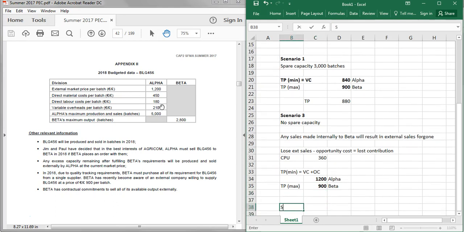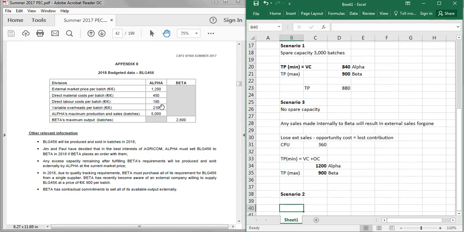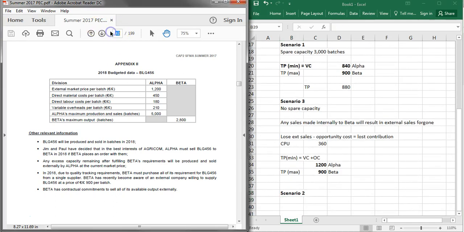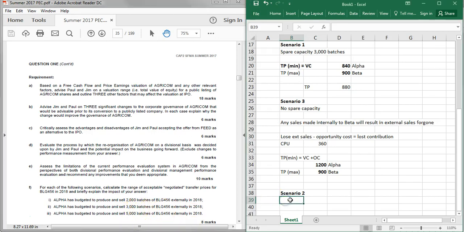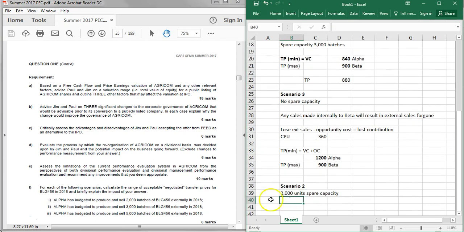Now, scenario 2 is tricky, and why I left it at the end is it's a combination of the previous two. So in scenario 2, you will have 3,000 batches sold externally. So you have 2,000 units spare capacity, but you haven't enough. Because remember, you have only 2,000 units you're not using because your max capacity is 5,000.